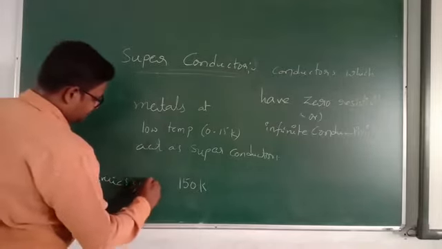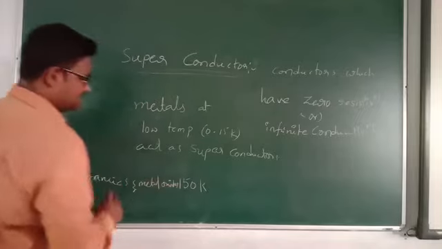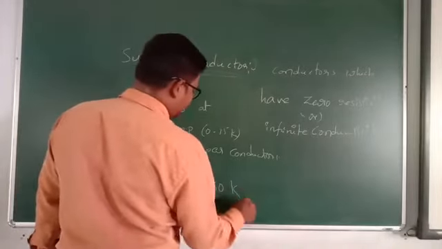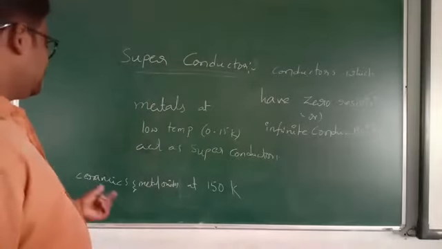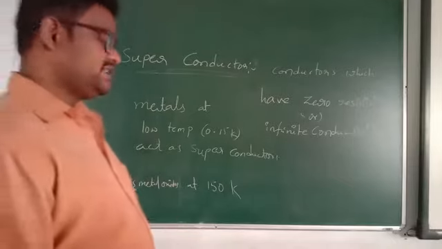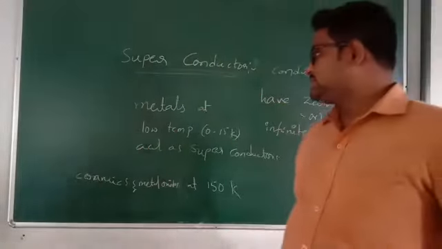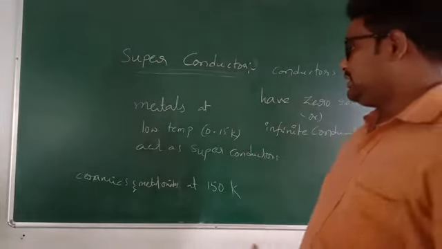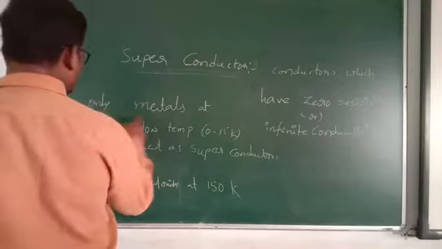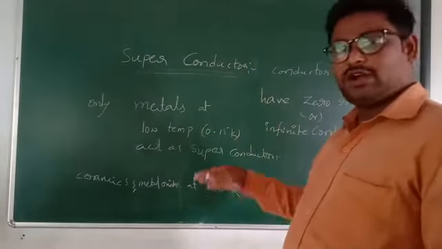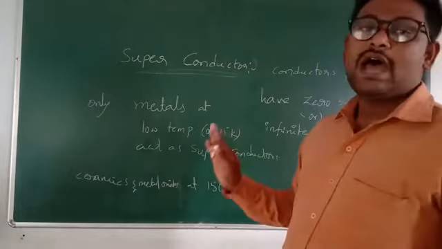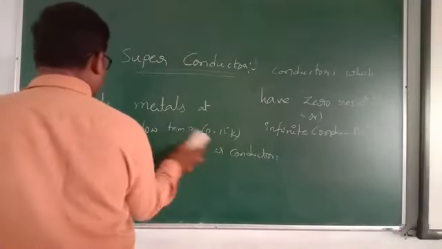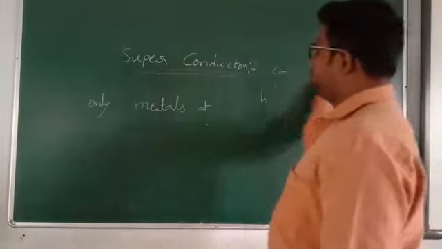In the earlier days, scientists thought only metals at very low temperature could act as superconductors. But not only metals, ceramic substances and metal oxides also act as superconductors. These superconductors are highly useful to transfer electricity without loss.